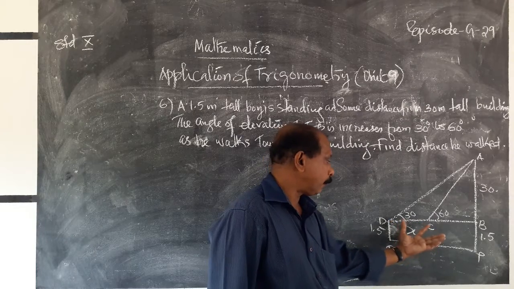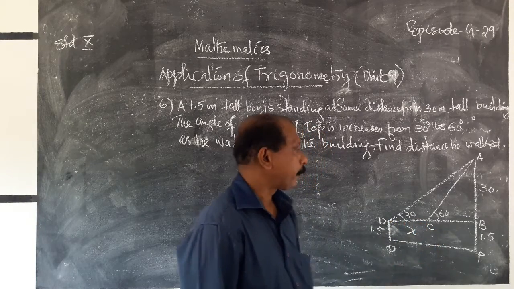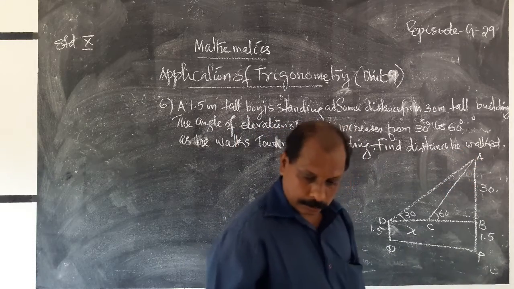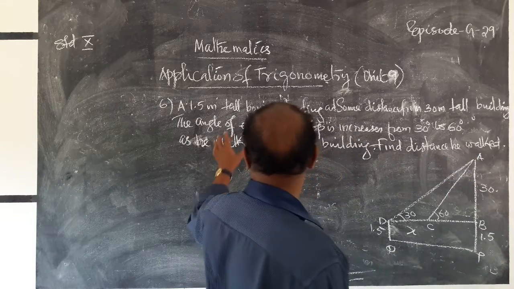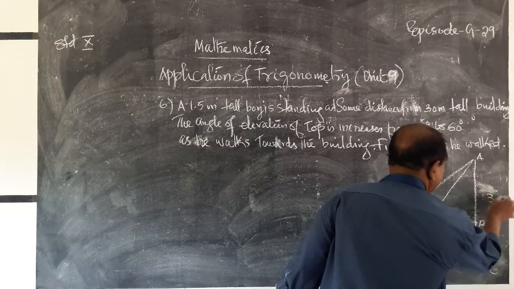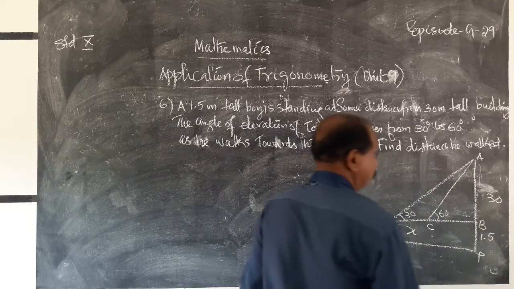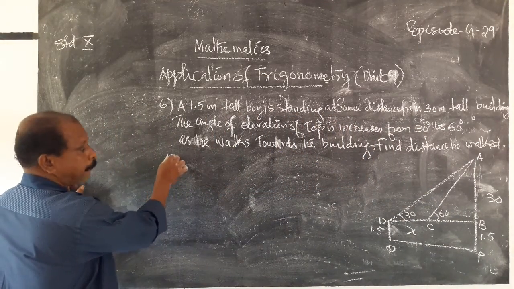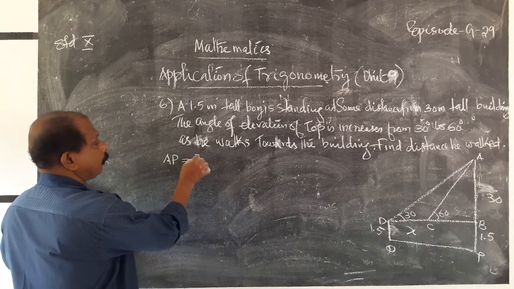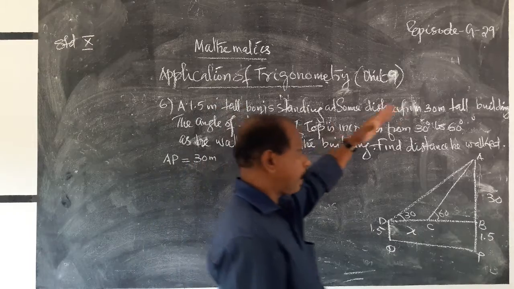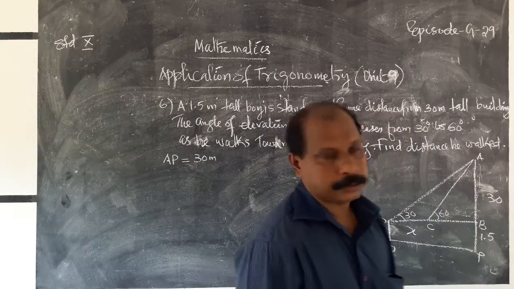That is, we can find out the DC, that is x. The height of the tower, that means this total length, is 30. That is the total length. That means AP is equal to 30 meter. The height of that tower is 30 meter, is given.